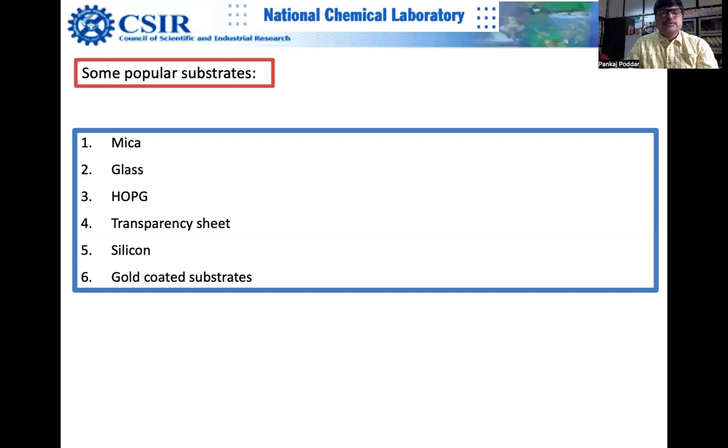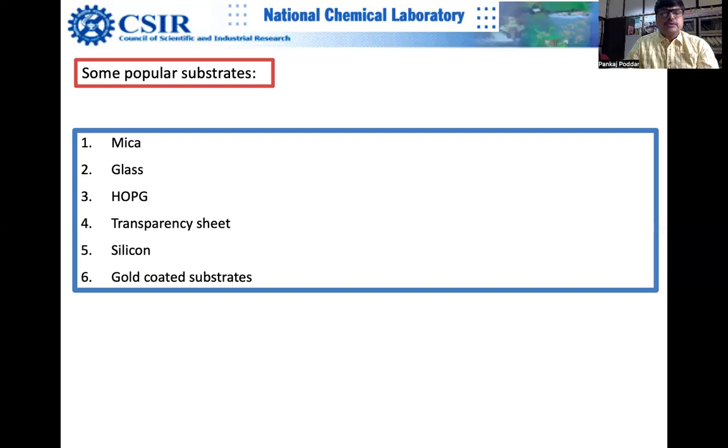Last is gold coated substrates. Here you can usually coat gold over silicon or glass. But gold does not coat easily on silicon or glass, so you have to put an underlayer of titanium or chromium, because gold does not wet silicon or silicon oxide.